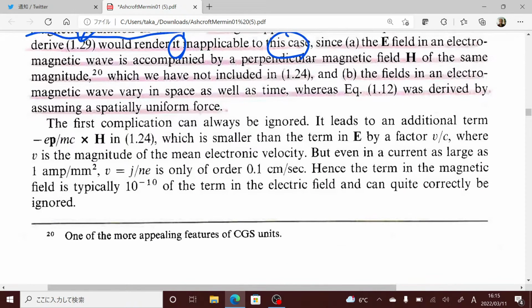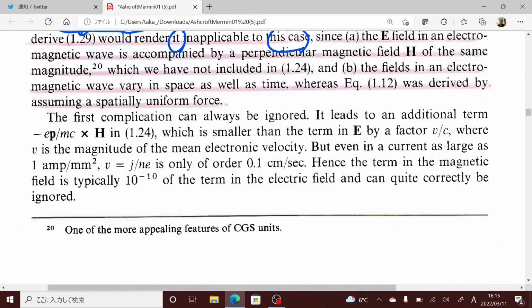Footnote 20: one of the more appealing features of CGS units.